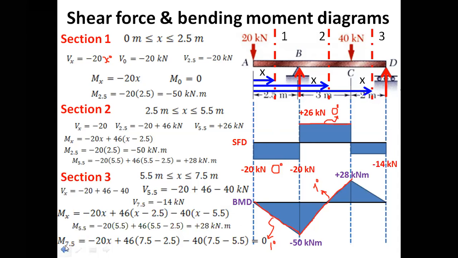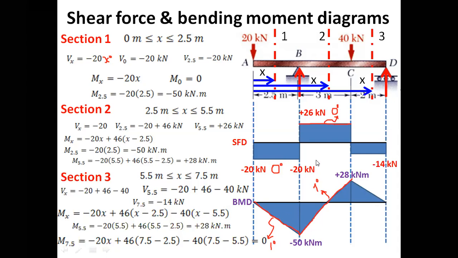And for 7.5, instead of x we put 7.5, and after calculation we would get 0. So the bending moment at this point D is 0. And if you look at the equation, it is a first order equation, so the plot would be linear. So draw a line.